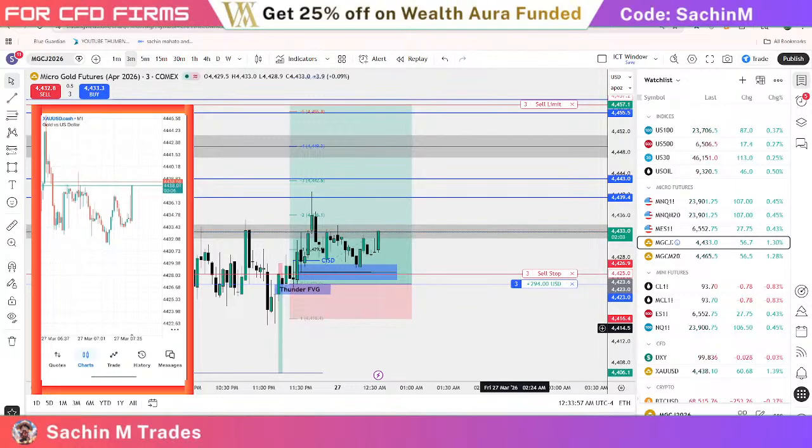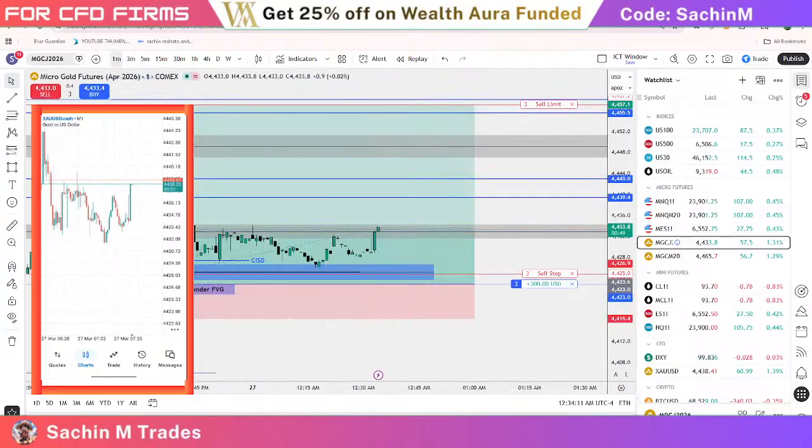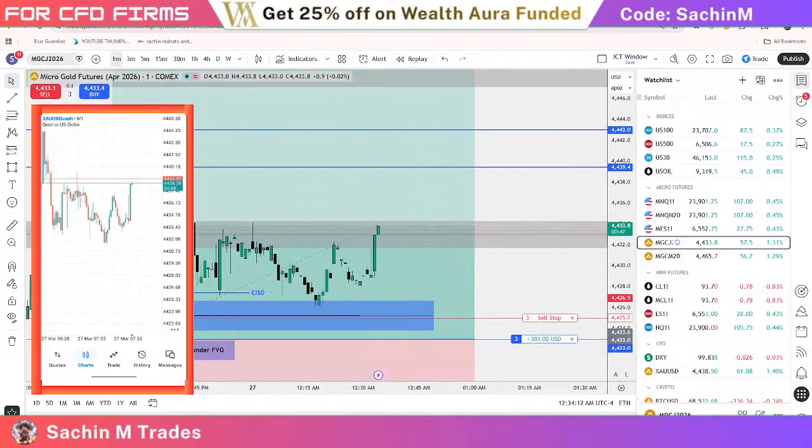Okay, now that's a move. I'm impressed with this move now. Now don't discover this candle back again. Come on, get up of this fair value gap.